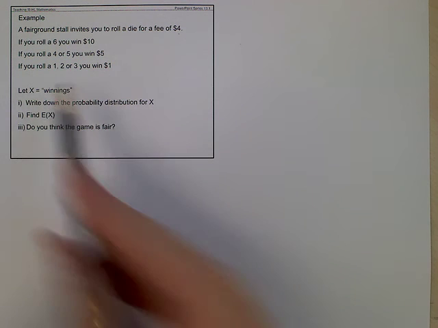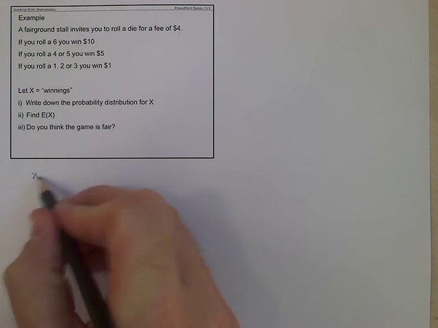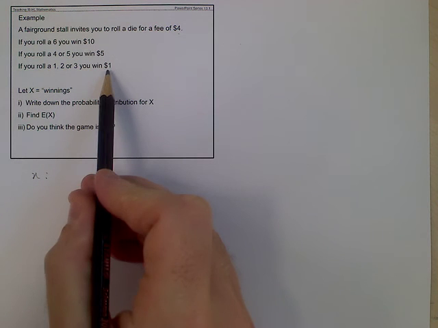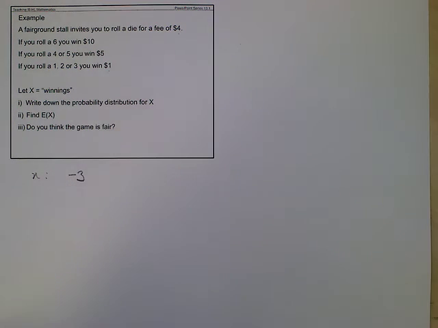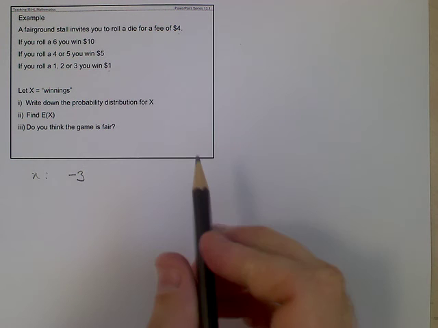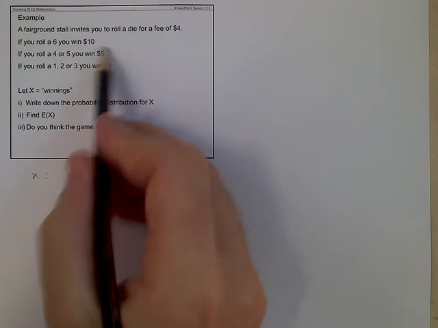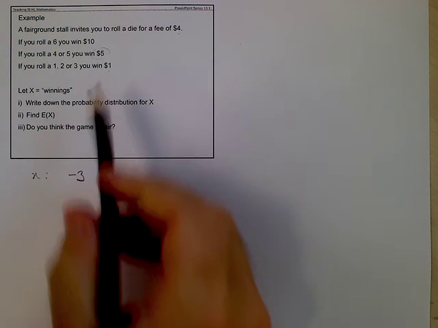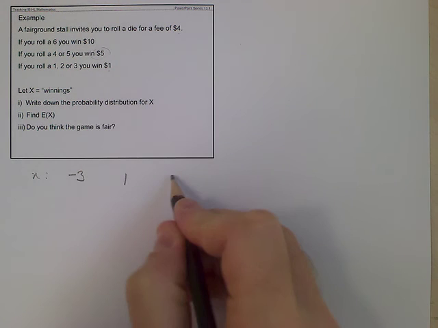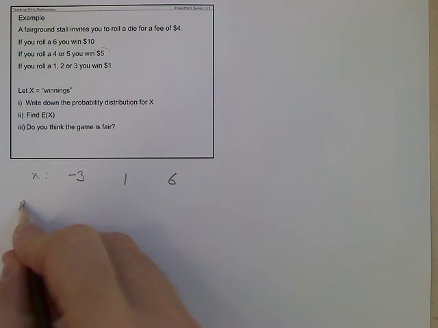So when I talk about X's winnings, I have to be careful, because whilst I win $1, that's really costing me 3, because I've paid $4 to play. If I win 5, that's really only winning $1, because I've paid $4. If I win 10, well, okay, I finish off $6 better off.